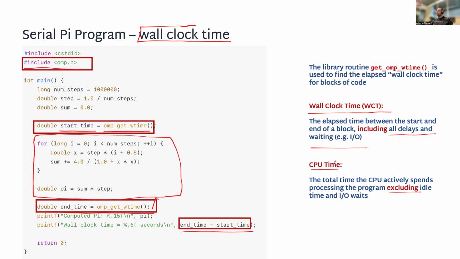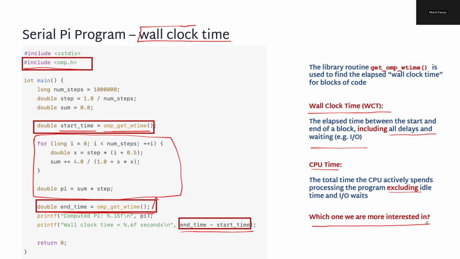Okay, so this is the main difference. But the more important question that I would like somebody to tell me is, in the context of parallel computing, which one are we more interested in? Are we interested in wall clock time or in CPU time for parallel applications?